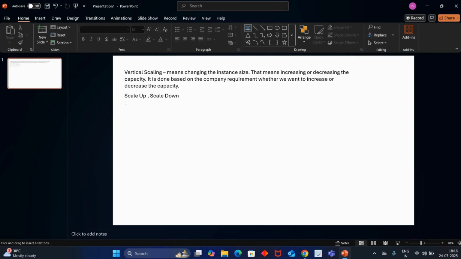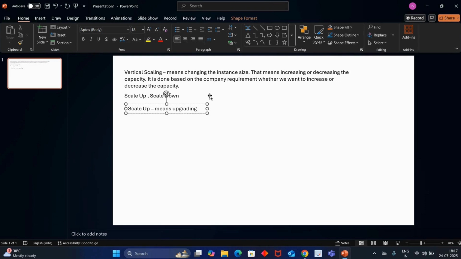Okay. So now, what is scale up? Scale up means upgrading. In the word itself, increasing the capacity, in that sentence itself, we can understand that we are upgrading the capacity, like we are upgrading the instance size.